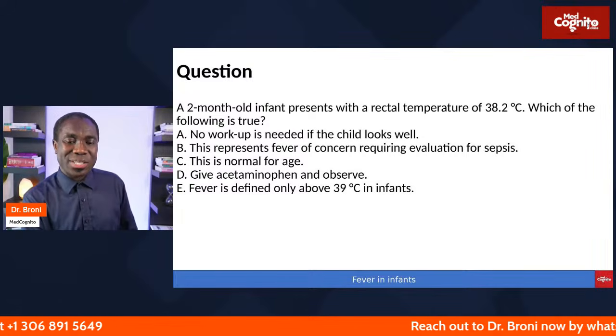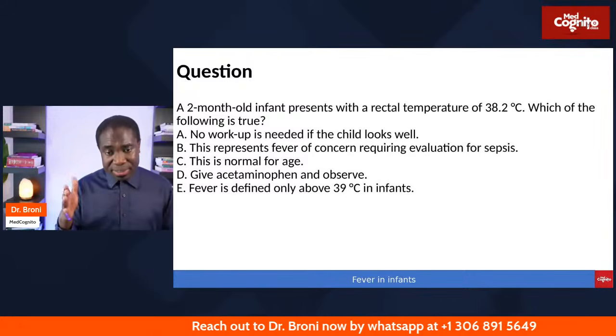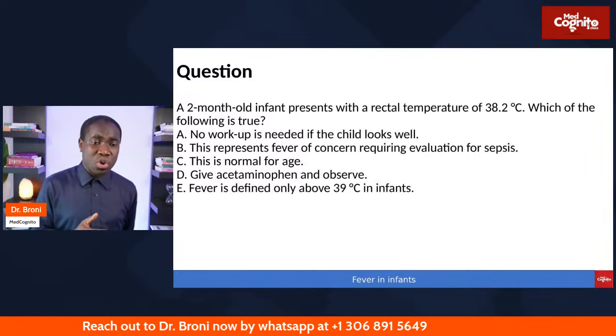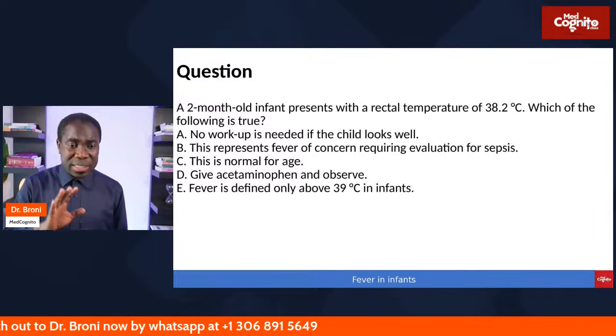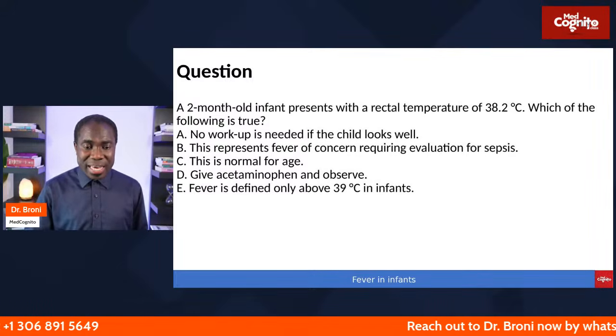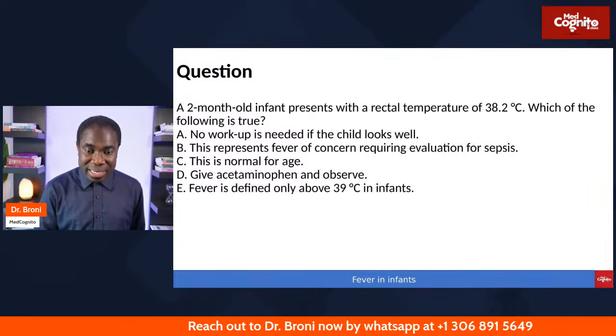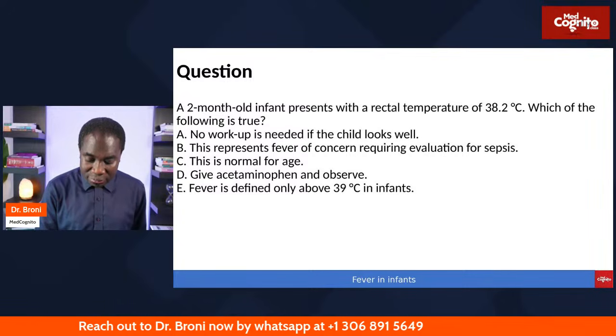B, this represents fever of concern requiring evaluation for sepsis. C, this is normal for age. D, give acetaminophen and observe. And E, fever is defined only above 39 degrees Celsius in infants.